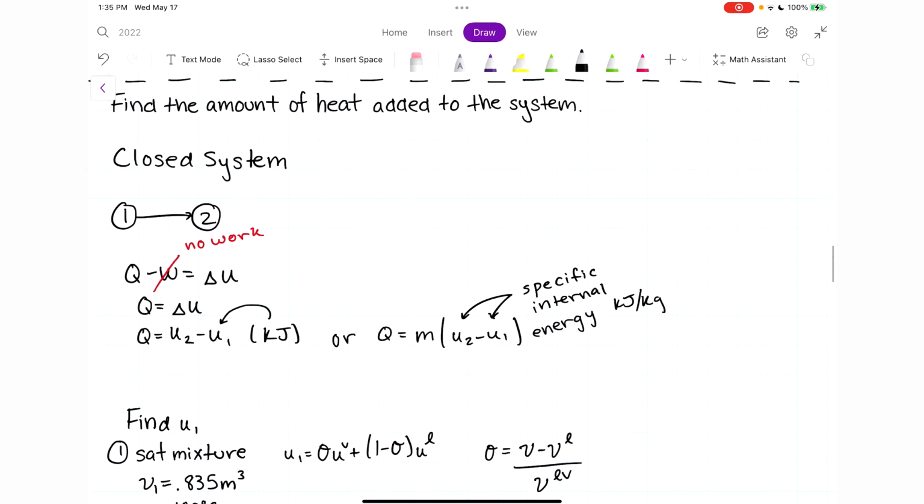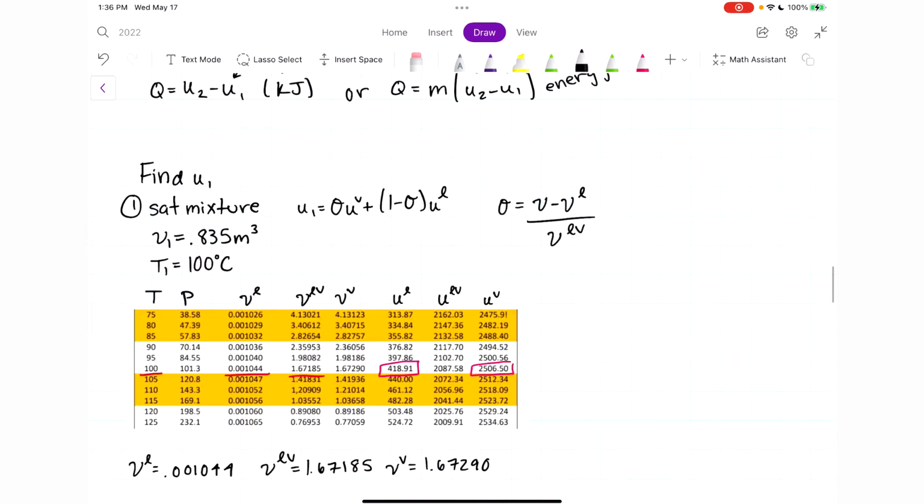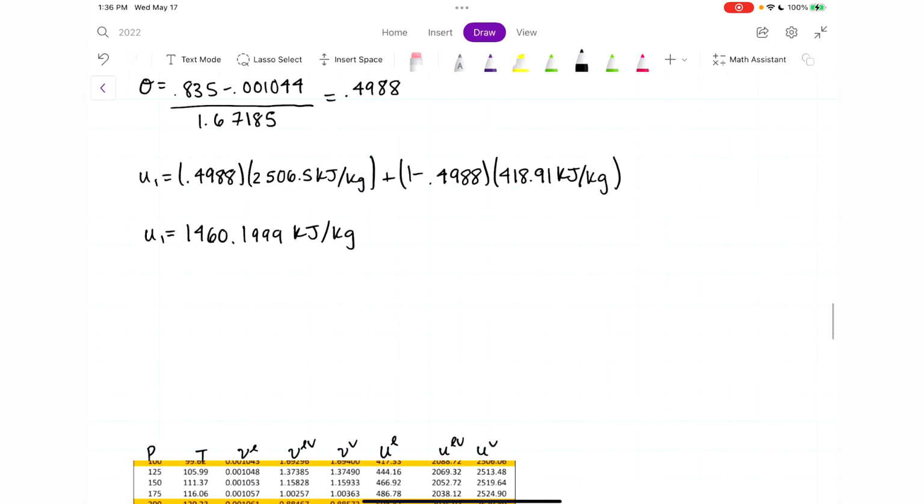In order to find the heat added to the system, we need to find U2 and U1, right? So we found U1, let's go ahead and find U2, again the specific internal energy.